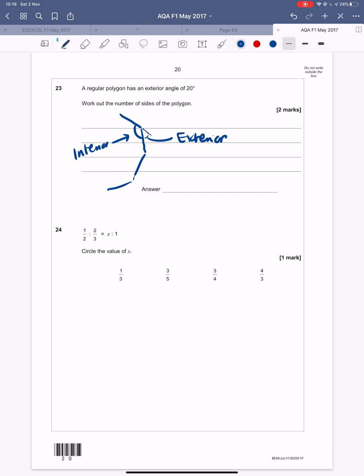Imagine you're going on the straight line, even though you stopped there, it's the rest of the angle after. It's 180 take away the interior angle. So what we've got, so 180. How do we need to do that one? Oh, I don't think we need to go down that route actually.